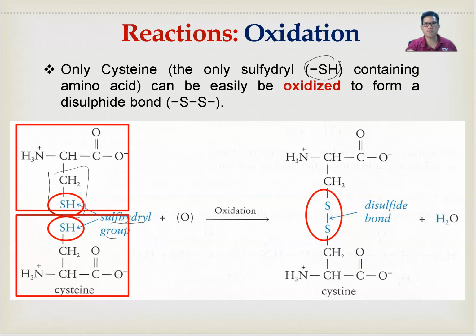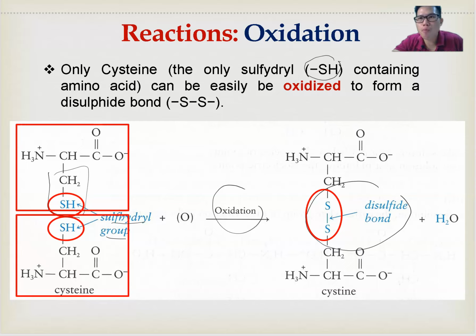The R group of the cysteine molecule is special in that when it meets another cysteine amino acid, the SH groups can be oxidized to form what we call a disulfide bond.